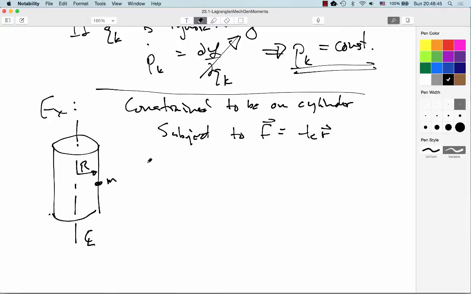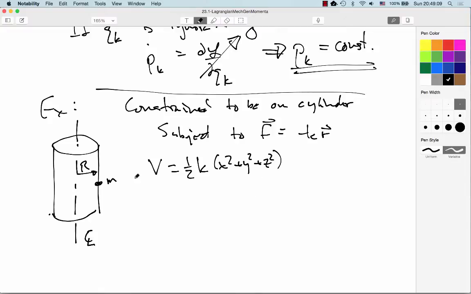In analogy to a spring, I think you can convince yourself that the potential energy for this force law would have to be 1/2 k (x squared plus y squared plus z squared). But if you don't believe me, go ahead, differentiate with respect to x, y, and z, and negate it, and you will get the force law back out.